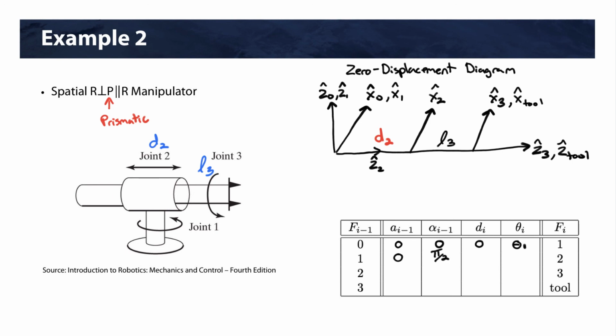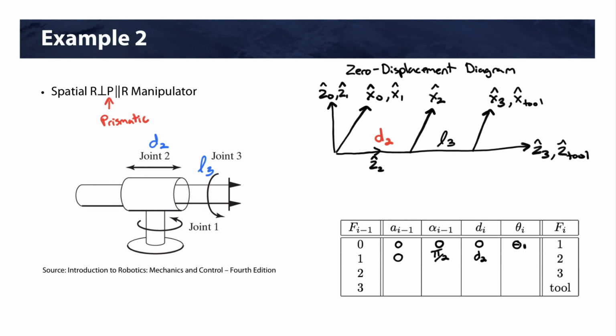All right, our D value is the distance between X's. So there is a distance between X1 and X2, and that value is D2. All right, and D2 is our joint variable for this second joint. D2 is what's changing. Okay. Now theta 2 is fixed. And theta 2 is the angle between X's.